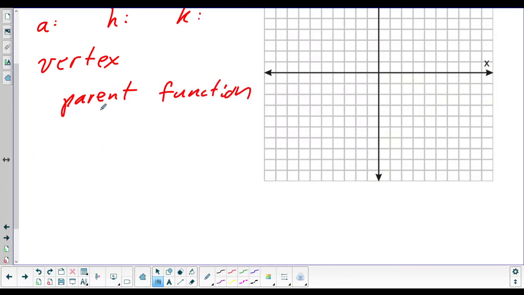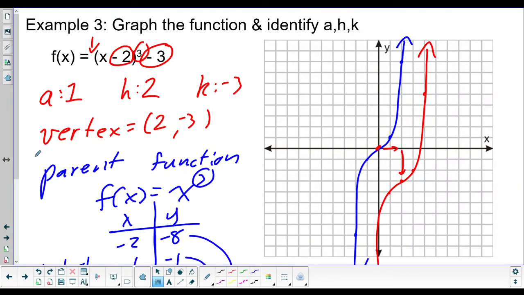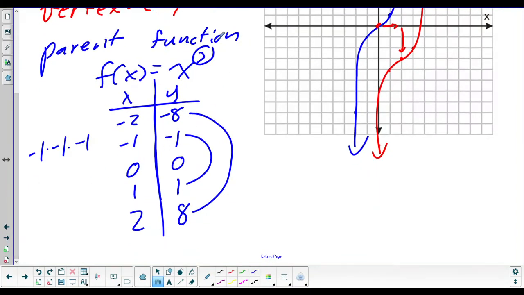Okay. So our parent function for f of x equals the cube root of x is the same as the parent function for the cubic one, except we switch x and y because they're inverses of each other. So when we do inverses, remember, if you have (2, 8), the inverse of that, we just switch the ordered pairs, and it'll be (8, 2).